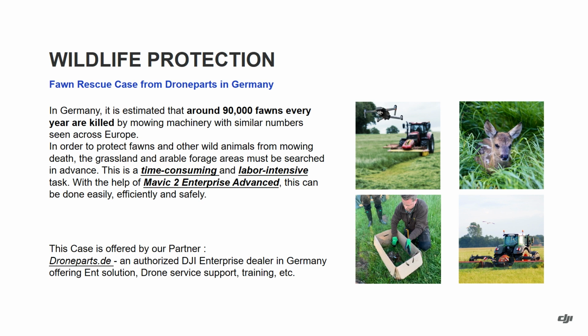And the local organizations have cooperated with our dealer Drone Parts to find and rescue the baby deers in advance. This used to be a really time-consuming and also manpower-consuming task, but with the help of the new Mavic 2 Enterprise Advanced, it can be done much easier and also more efficient than before.